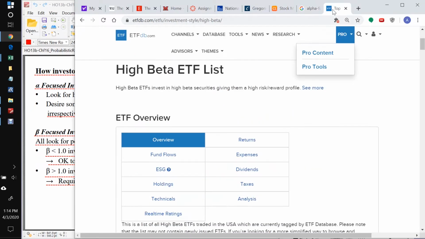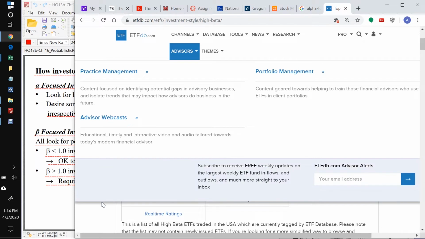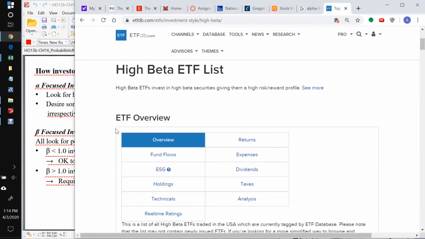On the other hand, there are also tons and tons of websites and information sources on beta-focused investors. I've got a website here that includes a very large database of many ETFs, and they have a summary of the high beta ETFs that are available for sale in the US. They also have a list of low beta ETFs.